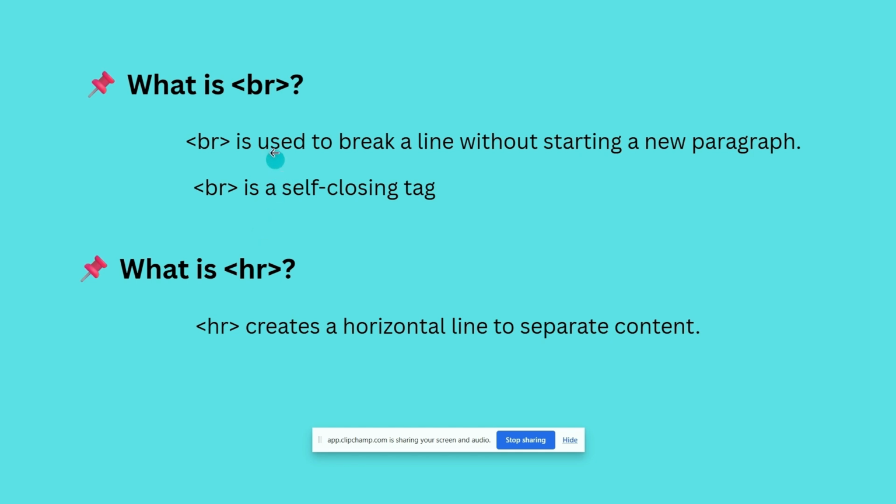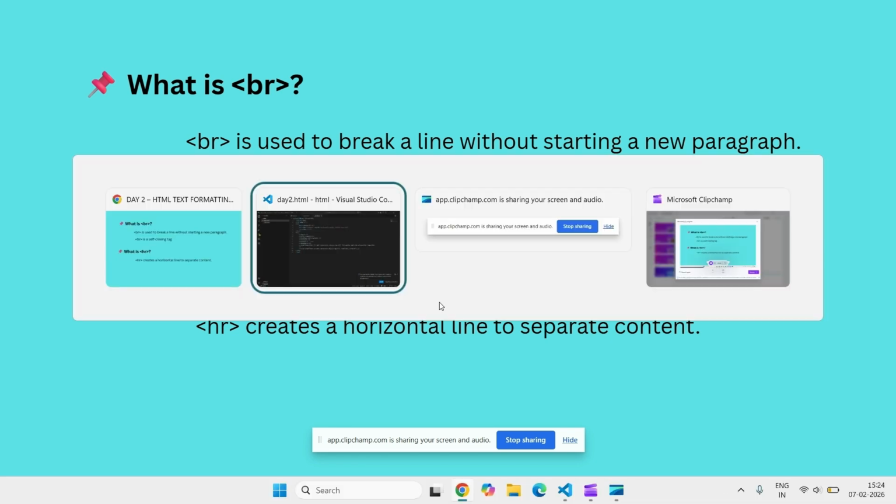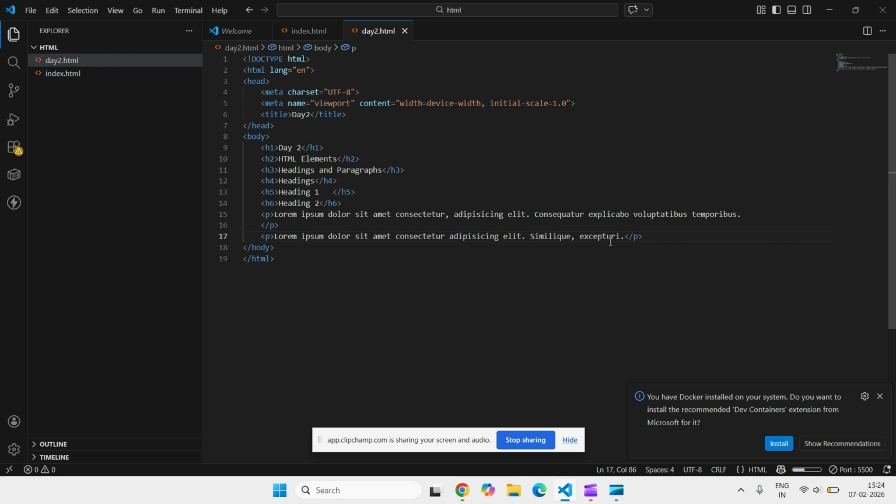Now see the HR tag. It creates a horizontal line to separate content. We can see it visually in the web page. Now we can see both the BR tag and the HR tag and see the difference.